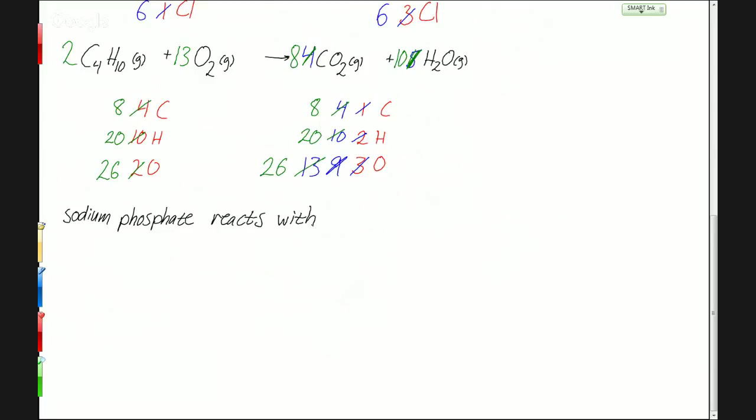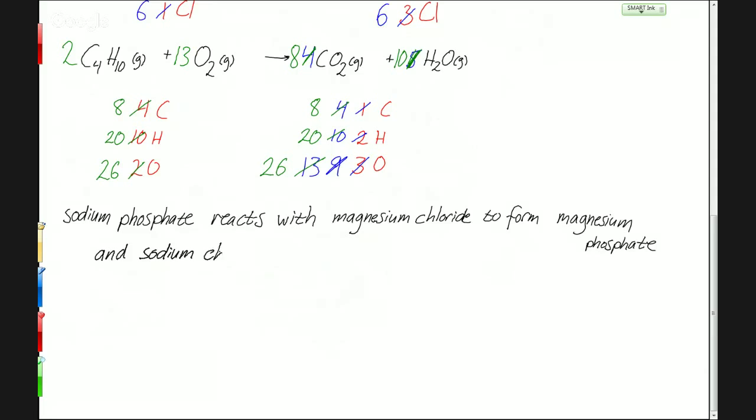Sodium phosphate reacts with magnesium chloride to form magnesium phosphate and sodium chloride.